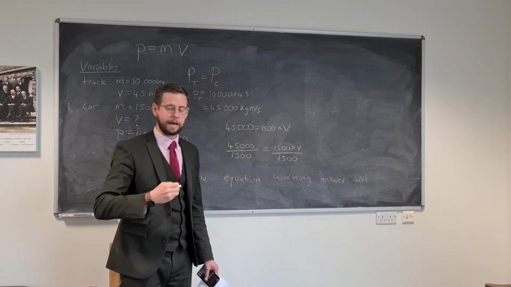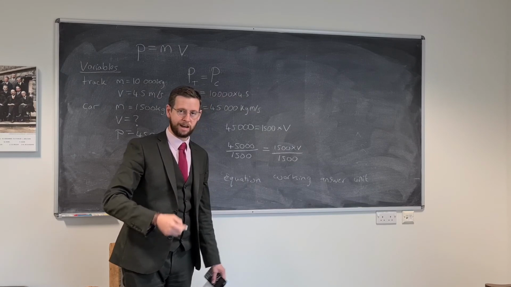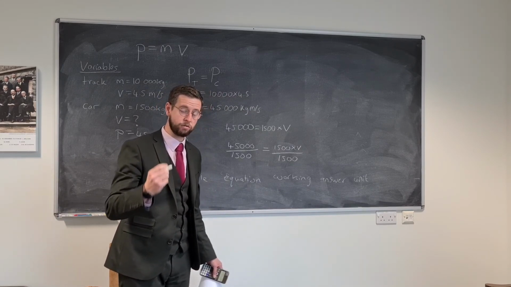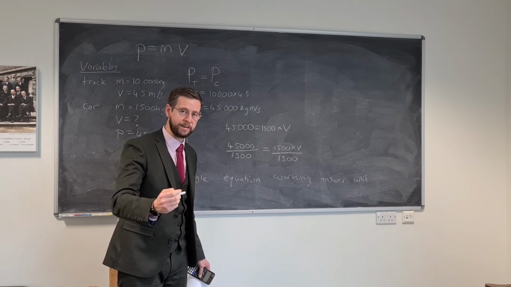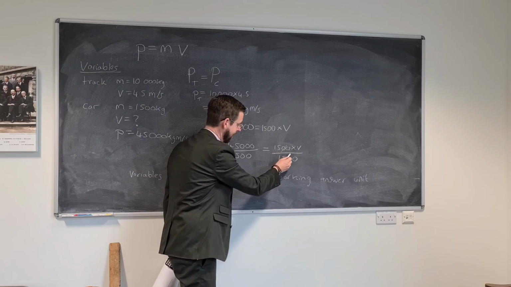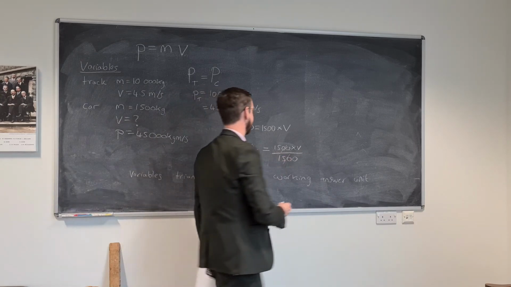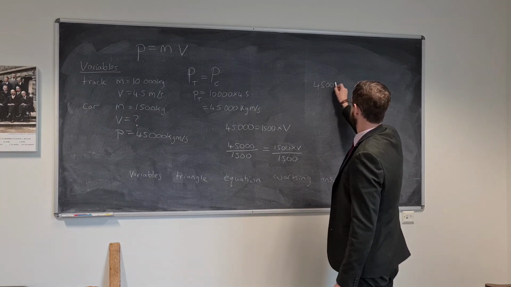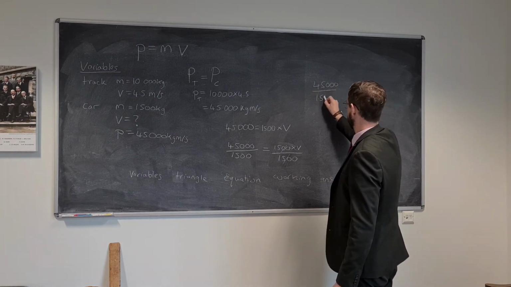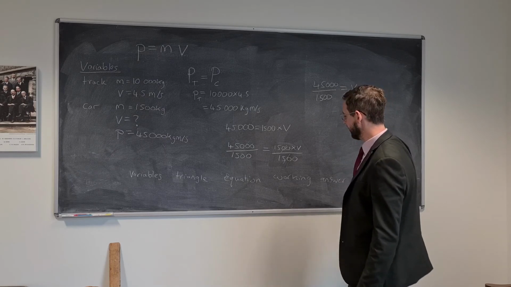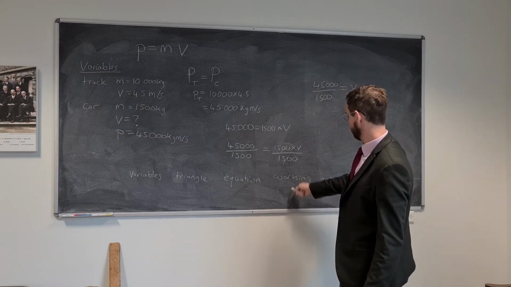Now this is a step that I could skip if it was a high ability set, but if I was being explicit about the instruction of the method that wasn't formula triangles, I would include this step to point out how this is going to cancel with this, leaving the formula 45,000 divided by 1,500 equal to V, which is basically this stage here.